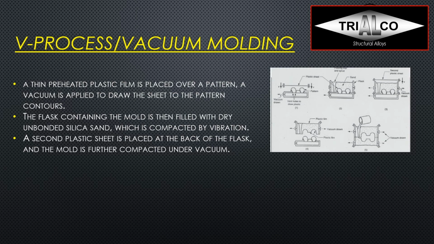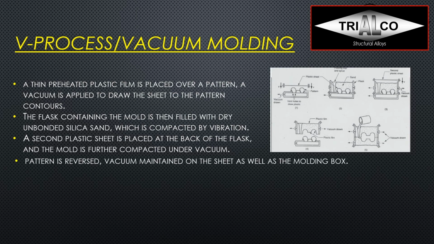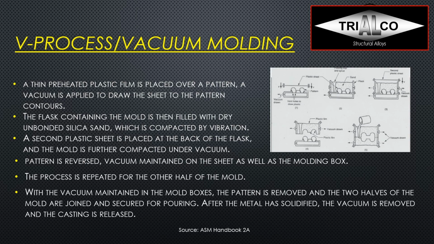Then the pattern is reversed, and the vacuum is maintained on the sheet as well as the molding box. The process is repeated for the other half of the mold. Then, with the vacuum maintained, because the vacuum really holds it in this position in the mold boxes, the pattern is removed and the two halves of the mold are joined and secured for pouring. After the metal has solidified, the vacuum is removed and the casting is released. So this way we do not need any binders and it's very easy to reuse the sand.